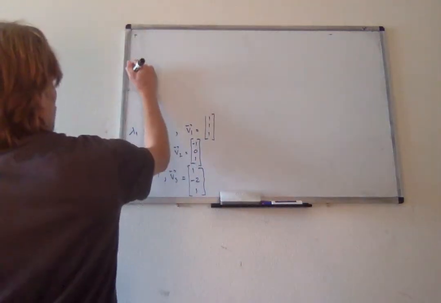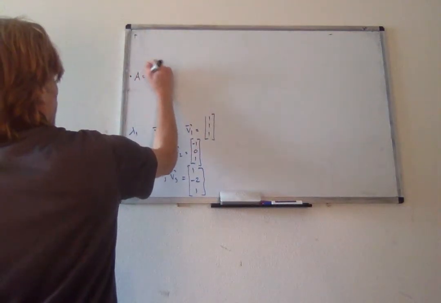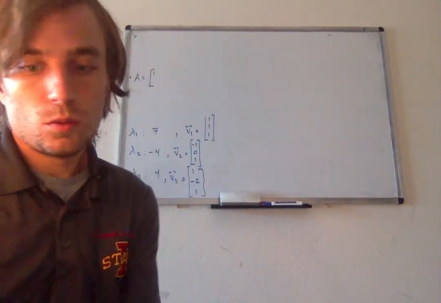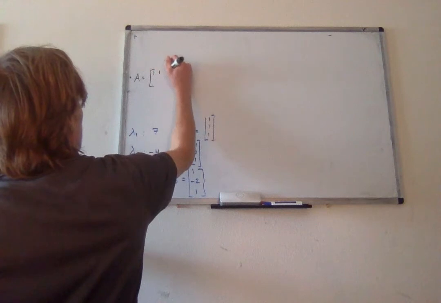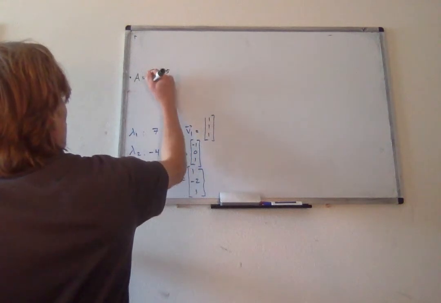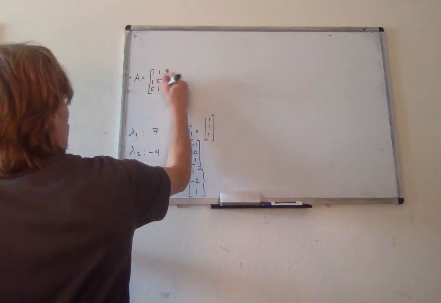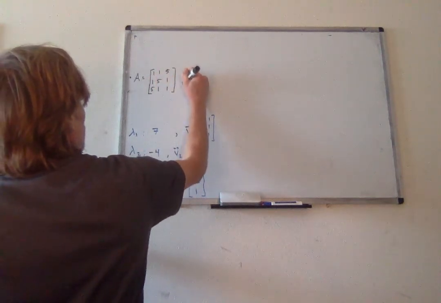So what do we know? We know that A equals 1, 1, 1, 5, 1, 5, 1, 1, 5, 1, 5, 1, 1 is symmetric.